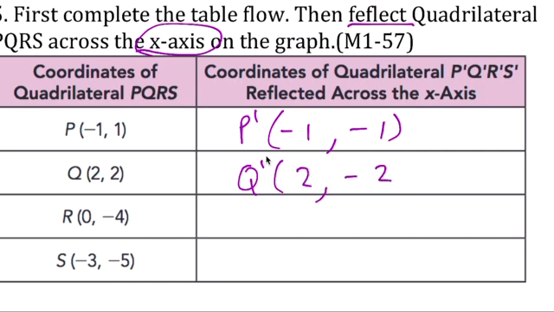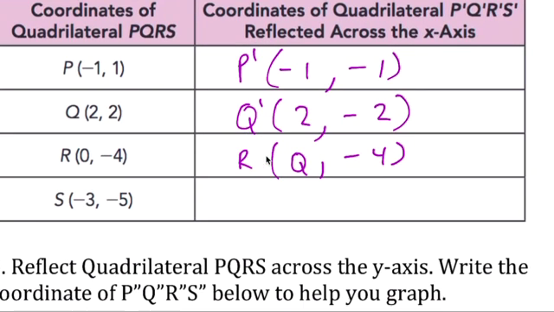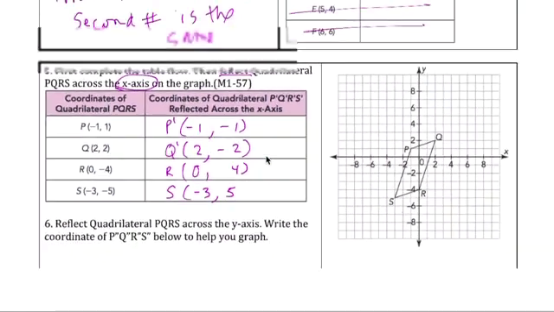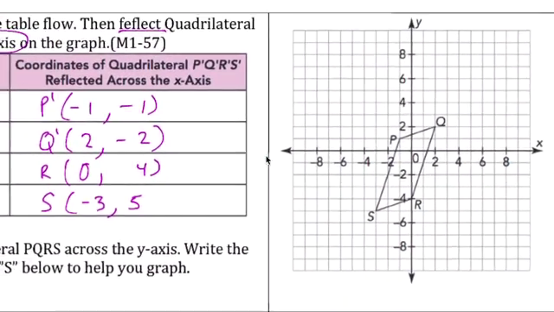Then R, S, oh my gosh, and 0. Uh-oh, this one is its opposite, so 0, 4. And then graph that.